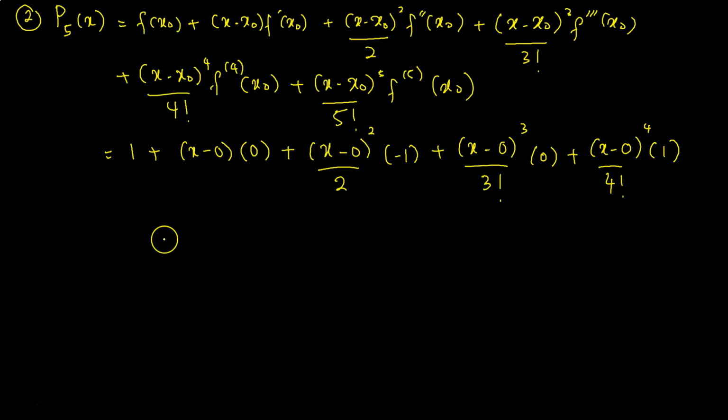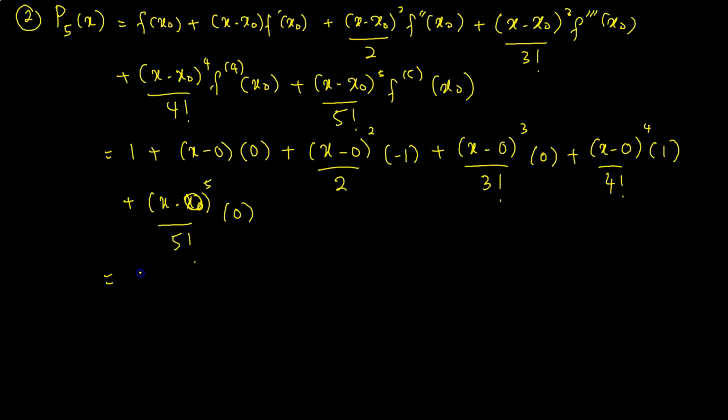This is based on the previous table. And then plus (x minus 0) to the power of 5 divided by 5 factorial, and the fifth derivative is 0.